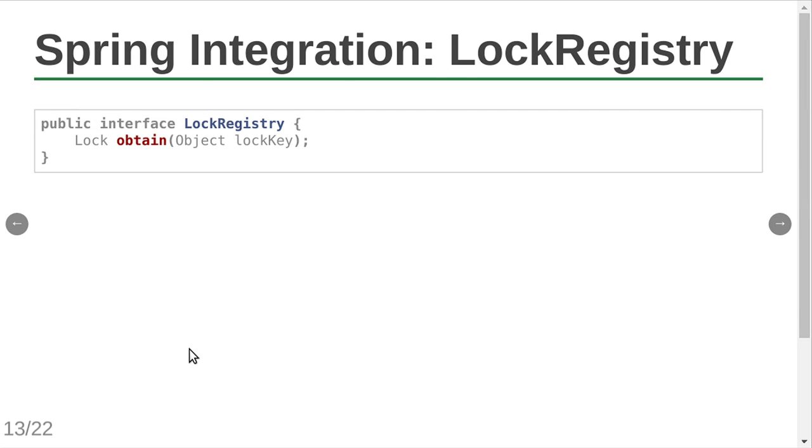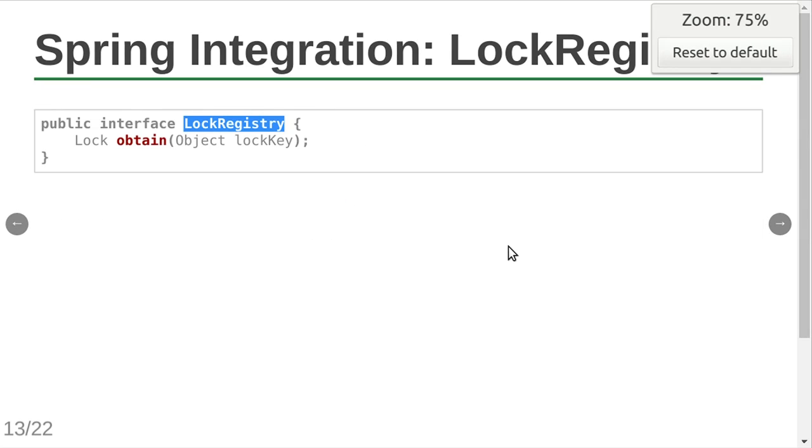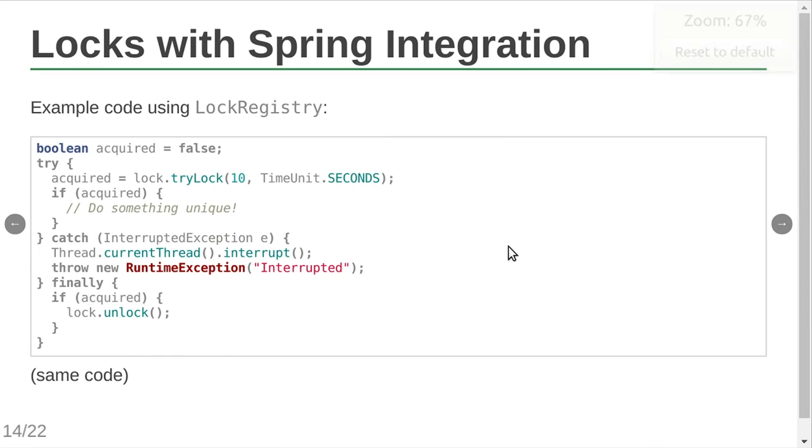So what we have in Spring Integration is a little abstraction called lock registry. And what that's saying to you is, if you have an instance of this registry, then you can use it to obtain an instance of Java util concurrent lock. And the cool thing about that is that this lock is going to do something a bit more complicated than just the local JVM Java util concurrent, right?